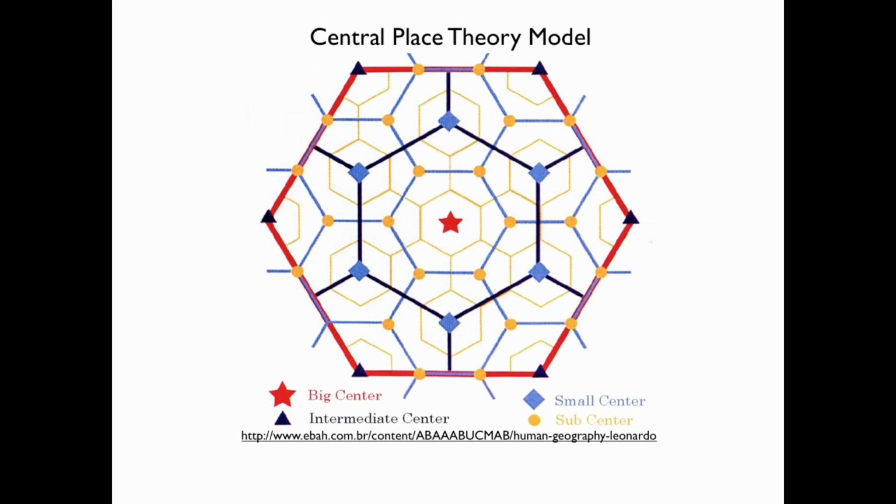Another result of this is that there's a series of hexagonal market areas that cover the entire plain that ends up emerging. And a central place exists at the center of each of these hexagonal market areas.